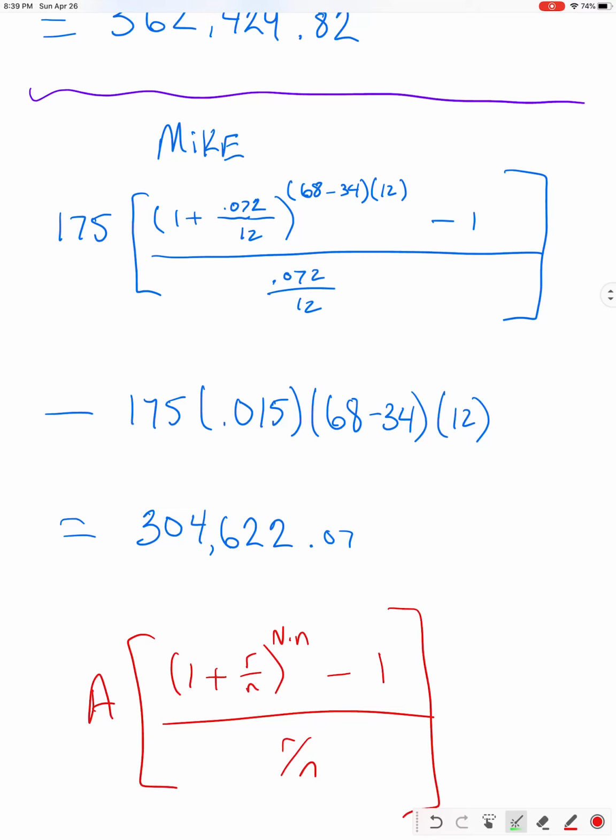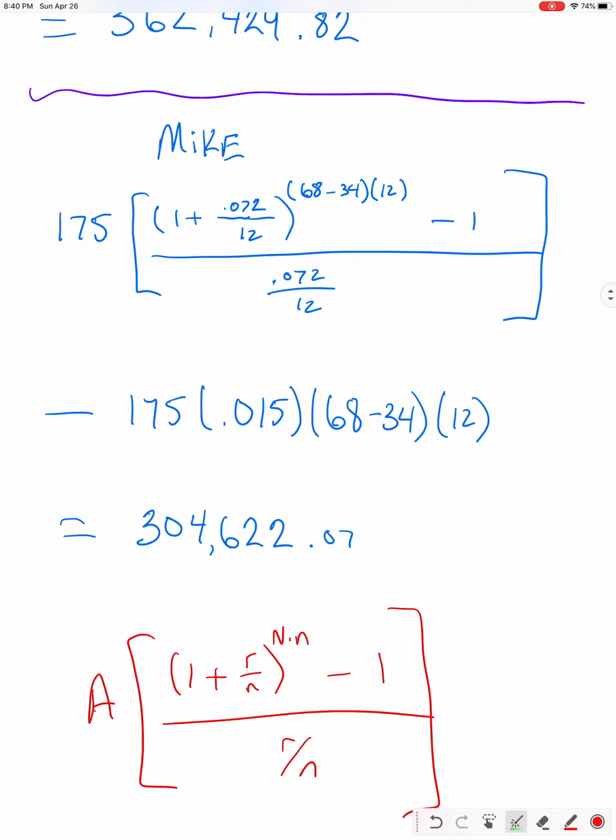But the thing with Mike is Mike starts at 34 years old. So he has 2 more years than what Cindy has, but he also has a little bit less APR. He's only getting 7.2%, but he's also paying a 1.5% fee versus the $150 that Cindy has.